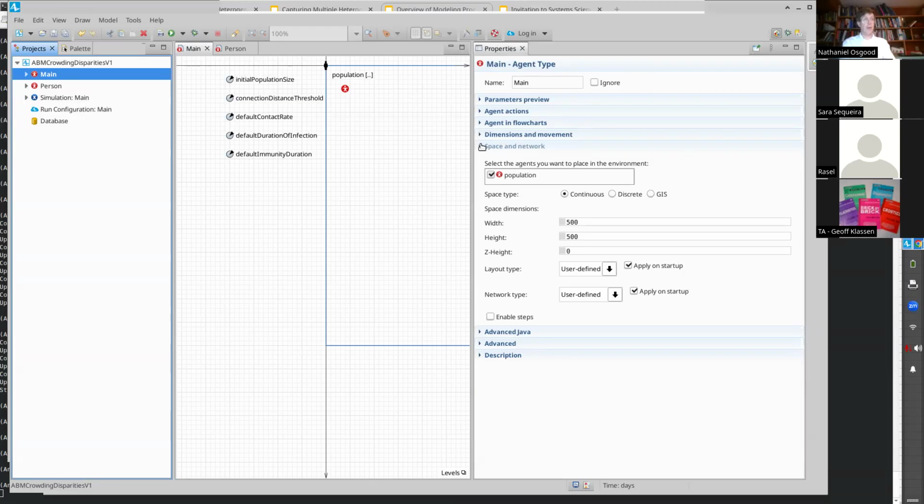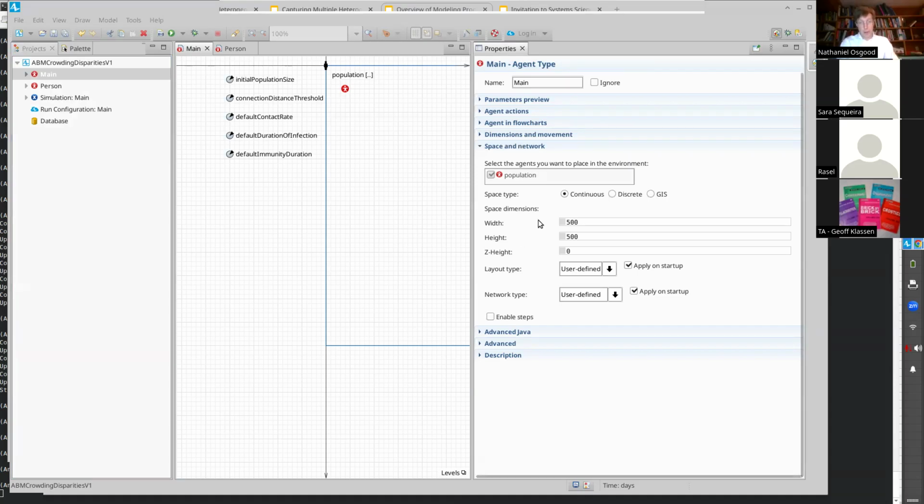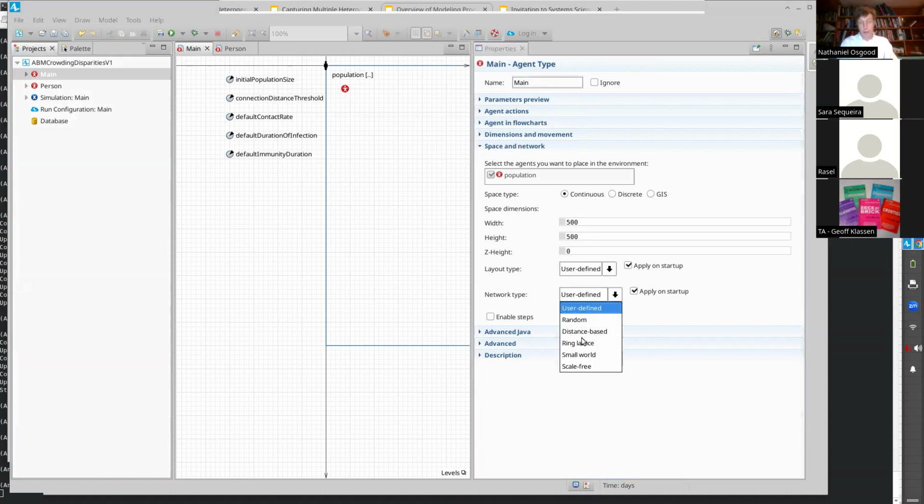Okay, space and network. And what we're going to do there is configure a network type that we're going to employ. So here, we will be making use of one of the predefined network types. You can set your own. You can build it from empirical data if you have that.